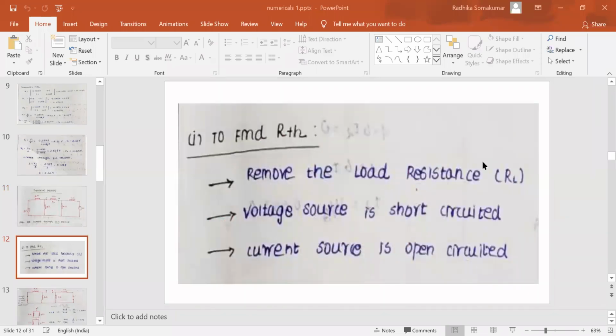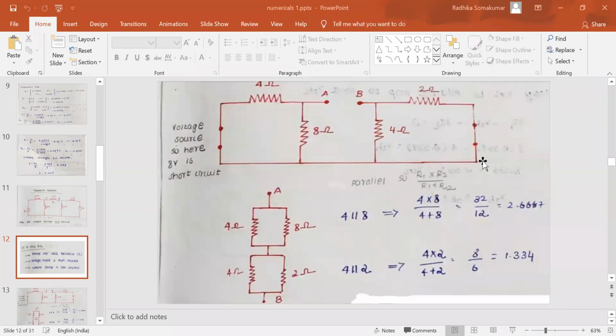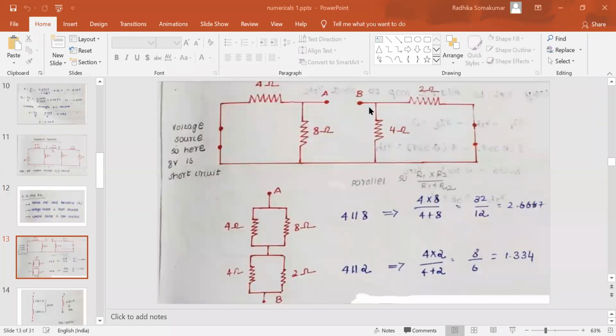So these are just the procedure that I have already explained. The first step is to remove the load resistance, the resistance that they have specified. After removing it, two steps remain: calculate the Thevenin resistance and calculate the Thevenin voltage.